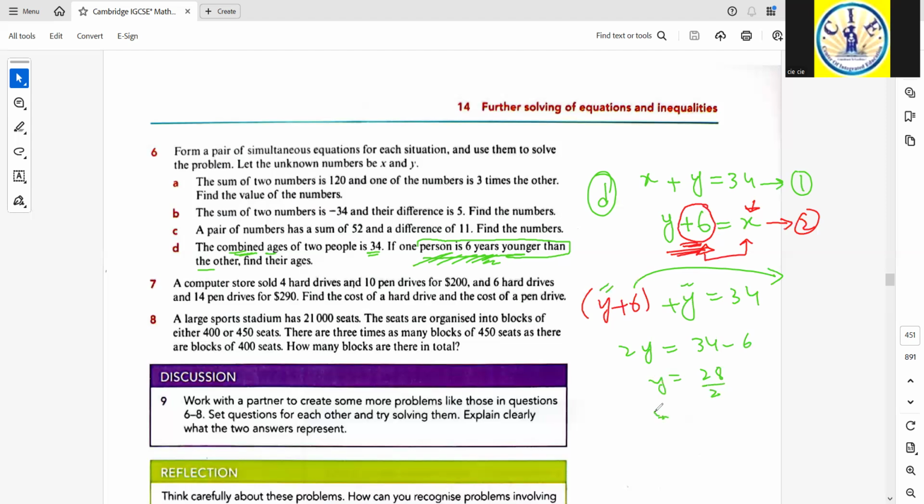The value of y is 14. Replacing this value here, I get 14 plus 6 is equal to x, that is 20 years. So the age of one person is 20 years and the age of the other person is 14 years. That completes this part D as well.